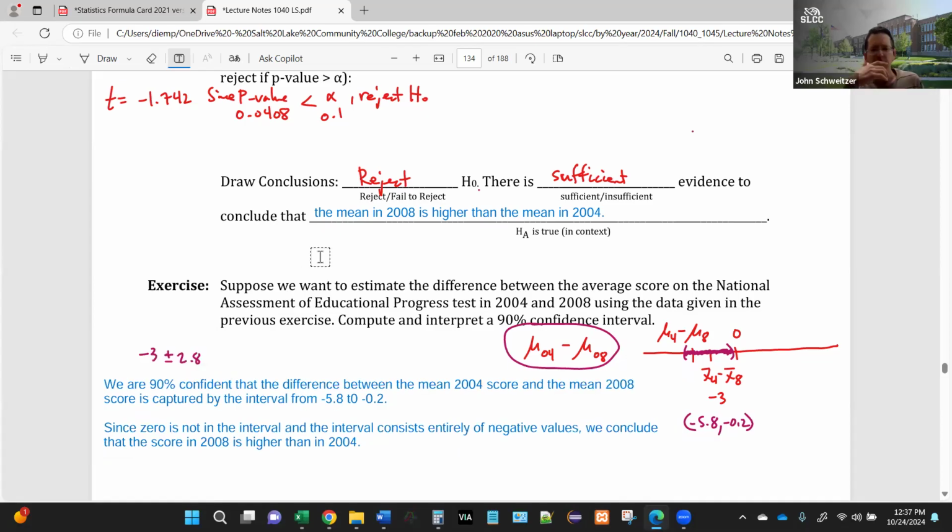Just be aware of that idea of 0 being in the interval or not in the interval. A hint: you'll see some kind of conceptual question about that on either midterm 3 or the final, almost for sure.